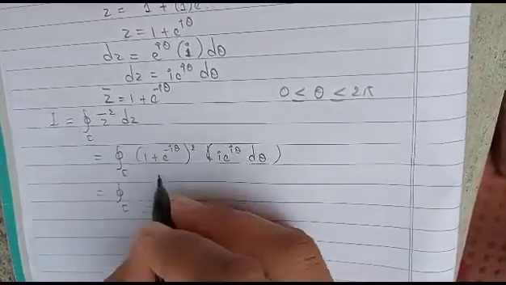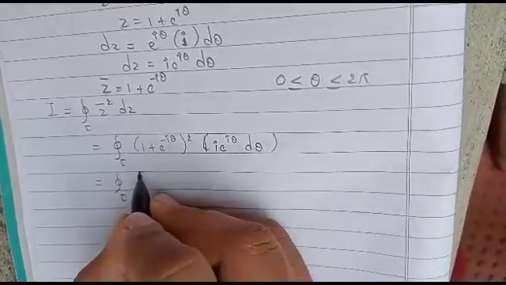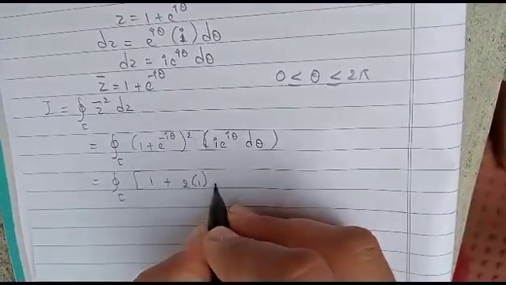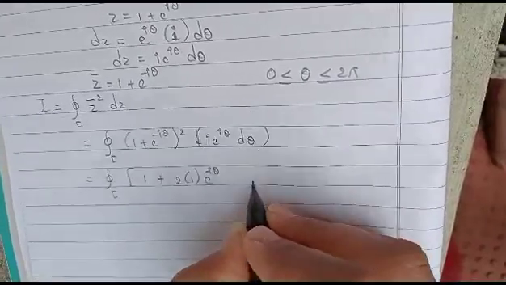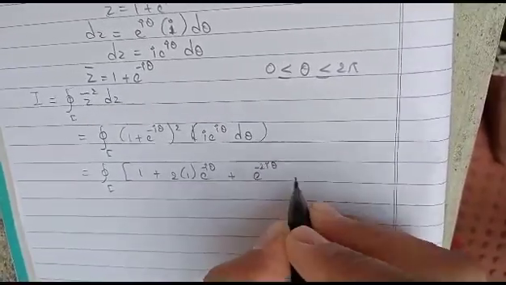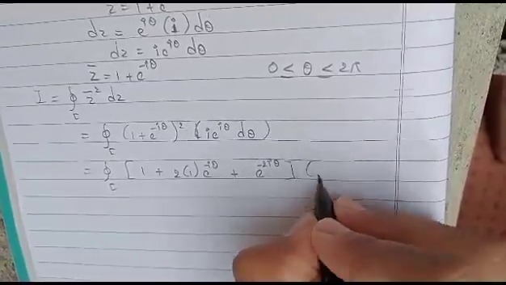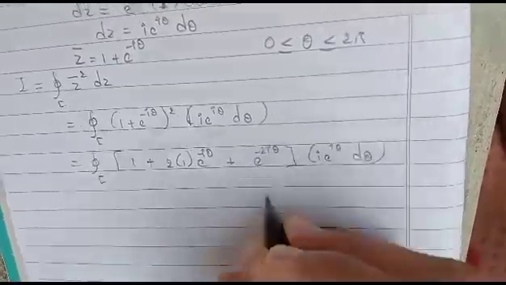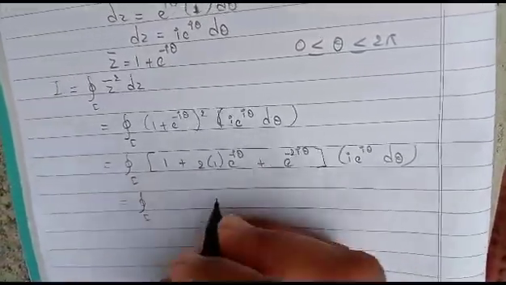We have the formula a plus b whole square. Then it becomes 1 plus 2 into ab plus b square. I am writing directly. And we have i e power i theta d theta. Closed integral 1.